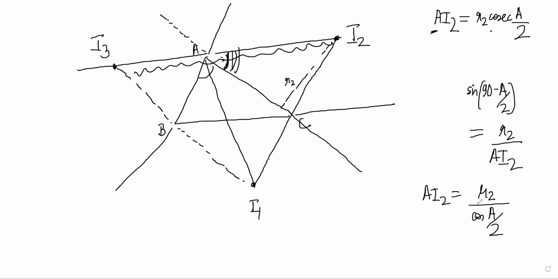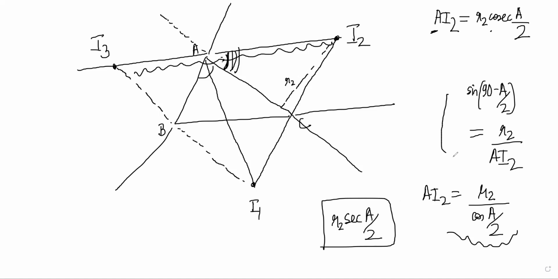So R2 sec A by 2. One second, maybe I made a mistake. I think we are rather right here, because AI1 is a longer distance than AI2. R2 by cos, I'm getting R2 sec A by 2. I think what I have done here geometrically is correct.